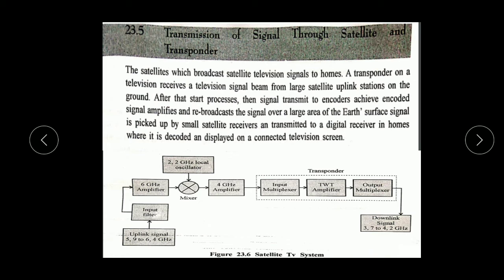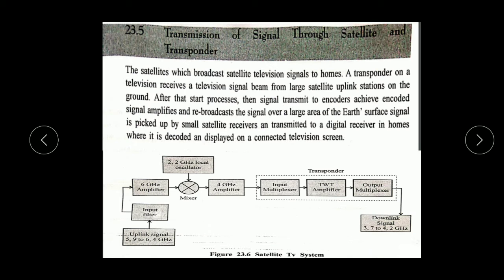So in that case, we use the 6 GHz frequency as the uplink and the 4 GHz frequency as the downlink. At the downlink system, all the channel information is broadcast to a large surface of the earth. At the earth station, the user receives the signal from the satellite through the dish antenna.